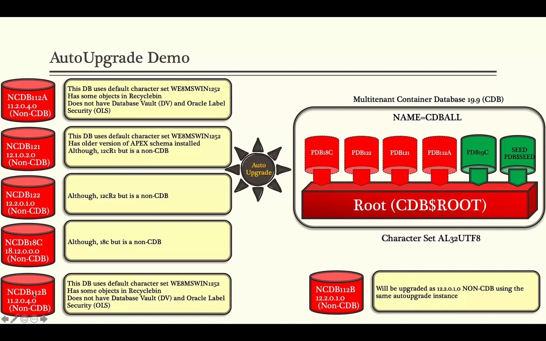So I am not going to convert it to a pluggable DB, and I am not going to upgrade it to 19c. It would eventually become a non-container database with the same name, NCDB112B, and I am upgrading it to 12.2.